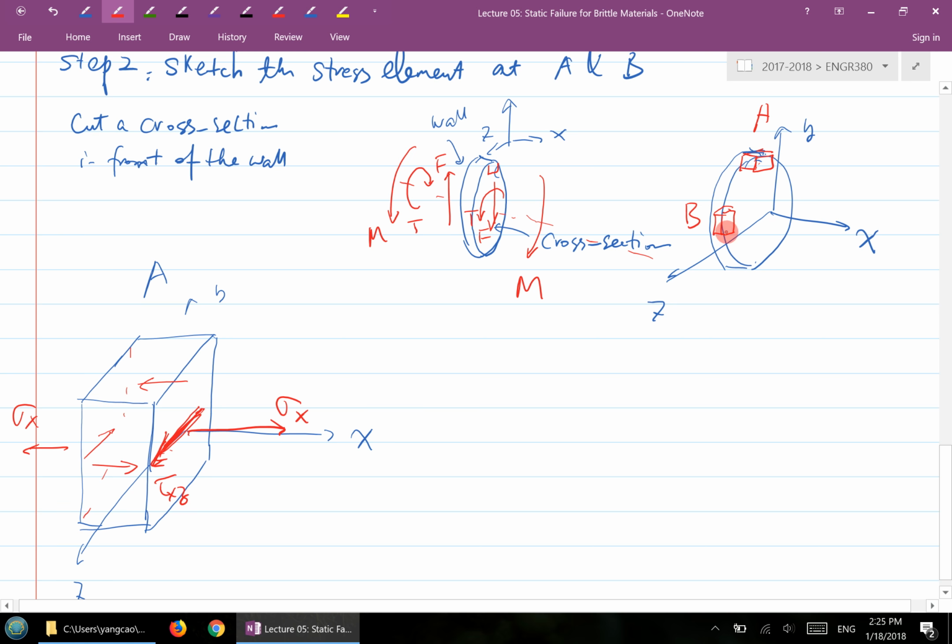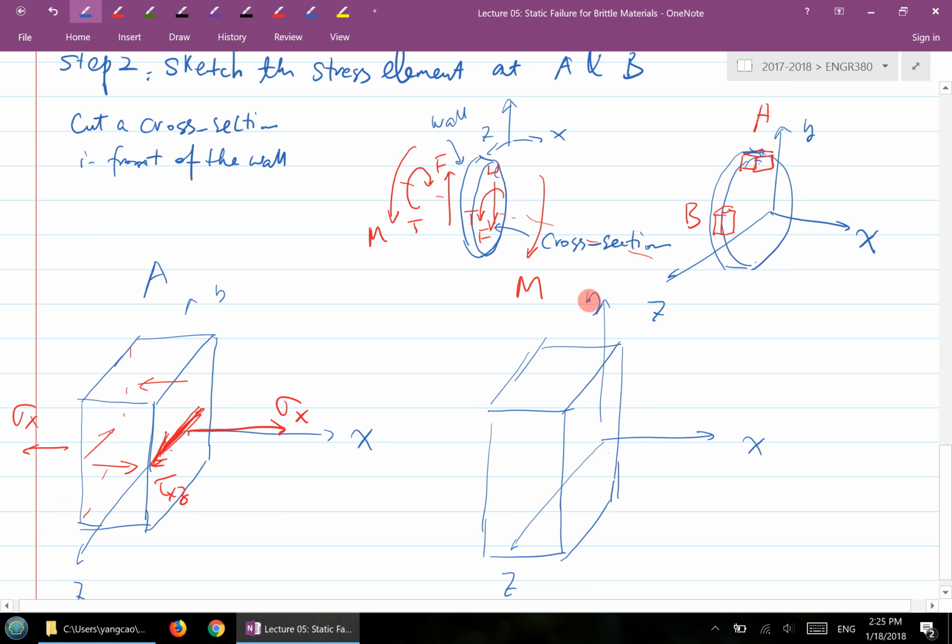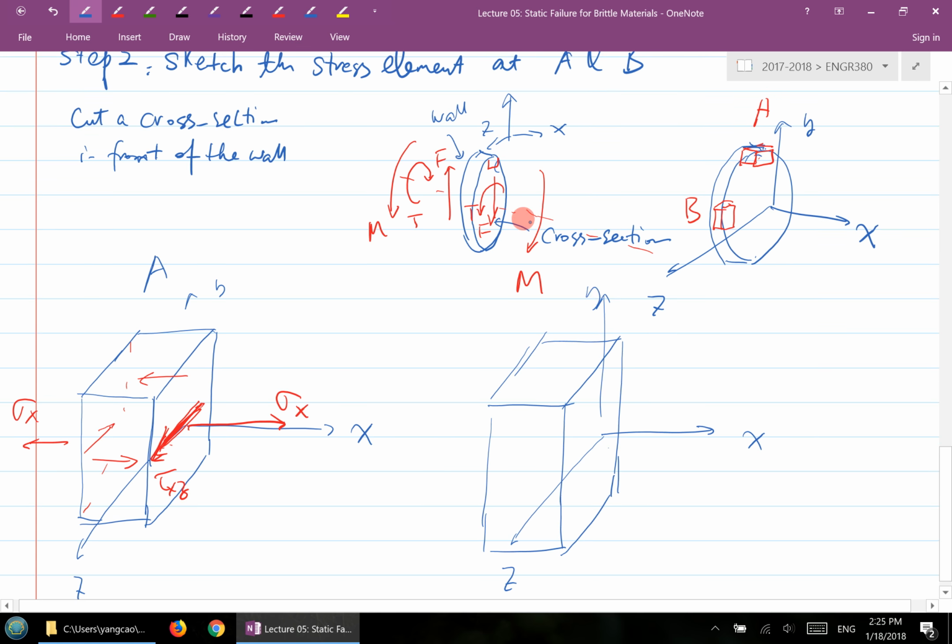Now let's think about the B location. I'm going to draw a similar cube here. Here's the B location, and again, this is your X, here's the Z, and here's the Y direction. For the B location, let's do one by one. Does the bending moment cause any bending normal stress at the B location?